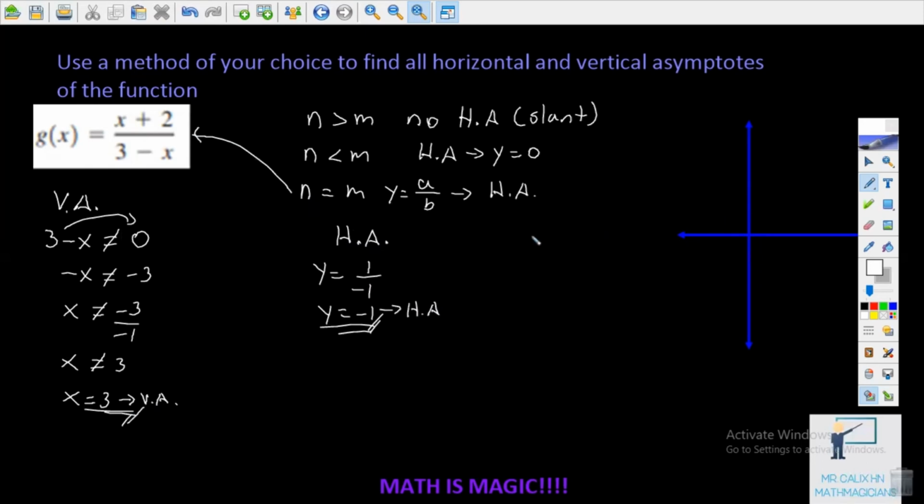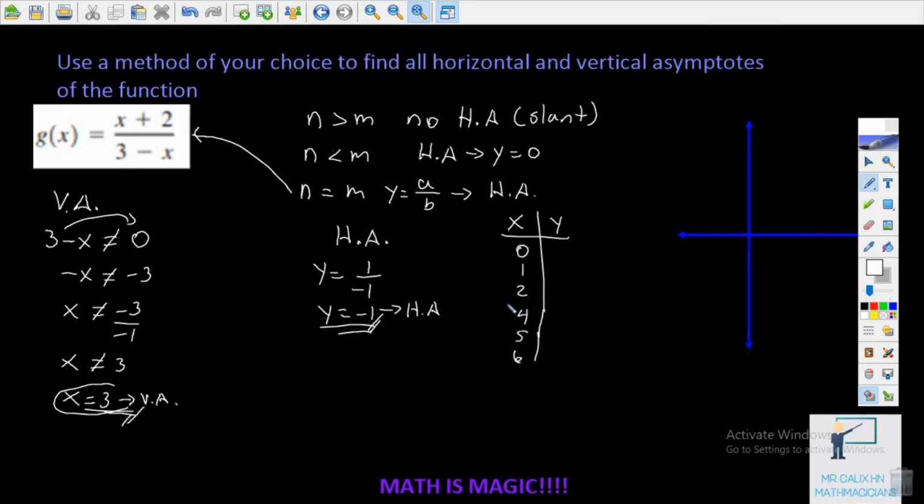For our graph, we're going to use a table of values. I recommend using 3 numbers before and 3 numbers after the restriction. We know that 3 is an asymptote, so we're not going to use it. For example, before we can use 2, 1, and 0, and after, 4, 5, and 6.